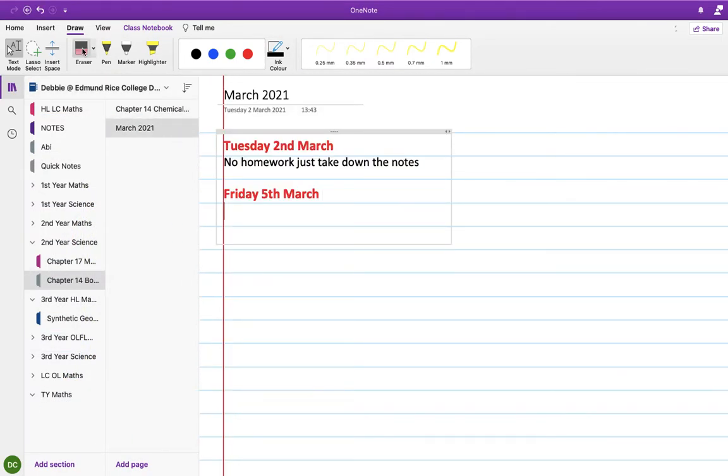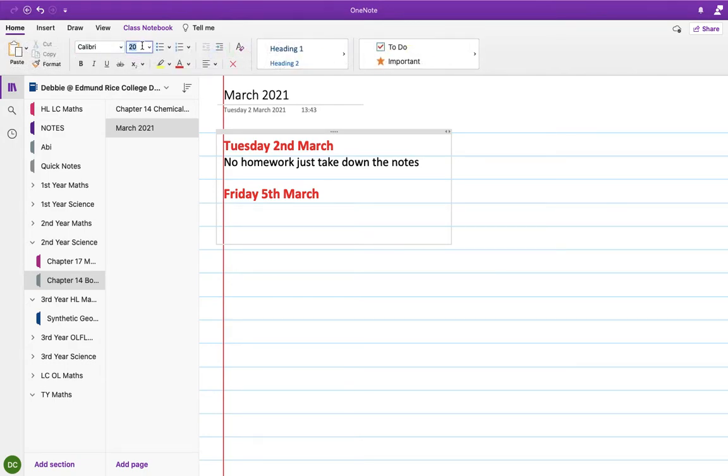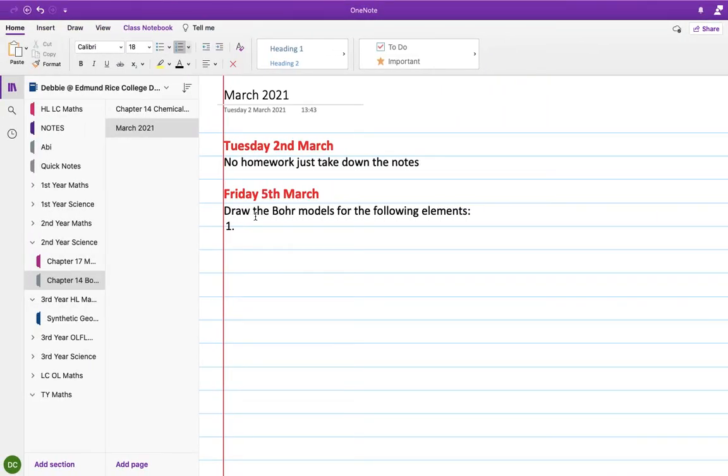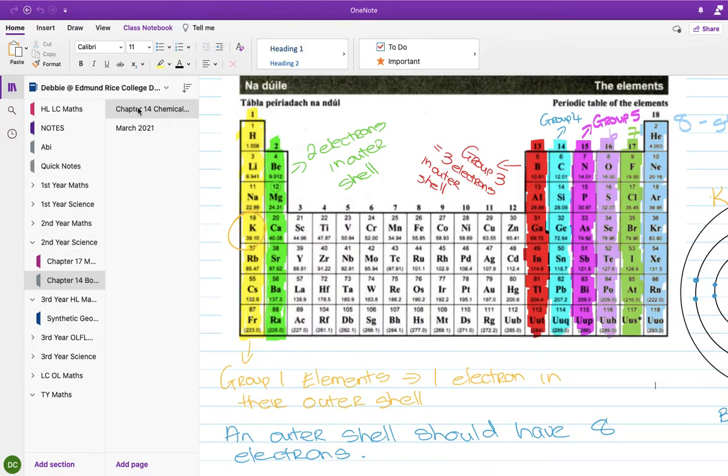So let's see. Take that off, make that 18, and make it black. So draw the Bohr models for the following elements. Okay, so the first one I would like you to do, sorry, I need to have a look. Yeah, we'll do calcium.